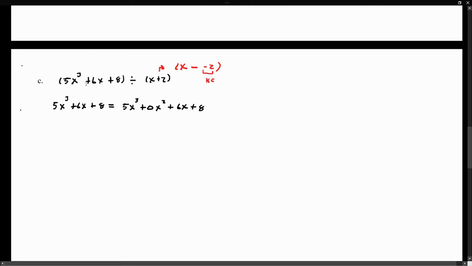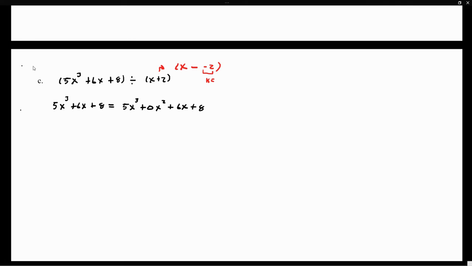So if you're missing an x to the second, we can just assign it a coefficient of 0. Because 0 times x to the second is 0, and if you add 0, we just ignore it. And that's exactly what's happening here. So this is the expression that we're going to be considering when we perform our division.